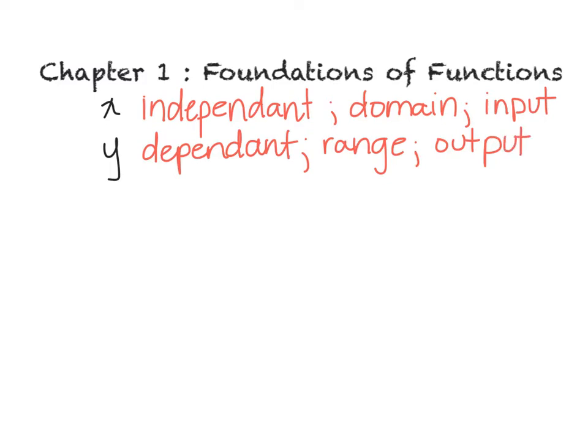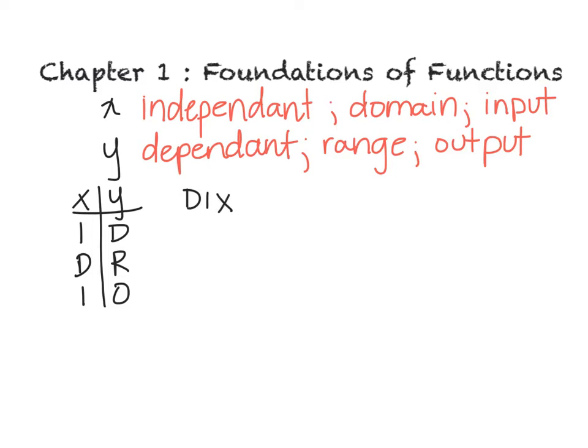So, if you look at a table, a lot of people remember these terms by using DIDROR, which stands for domain, independent, the x variable and input, the range, the output, the y variable, which is dependent.